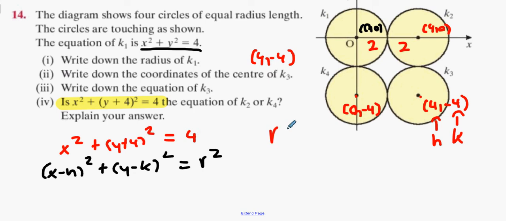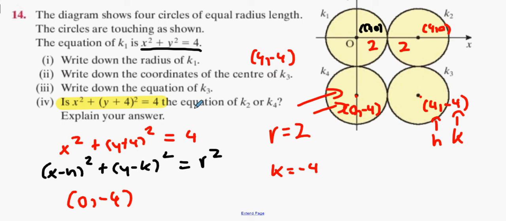Radius is 2. The h value is what, guys? H value is 0. The k value is minus 4. So this means the centre of your circle is 0, minus 4. Which one's 0, minus 4? K4. We all good? I'll pause it here.